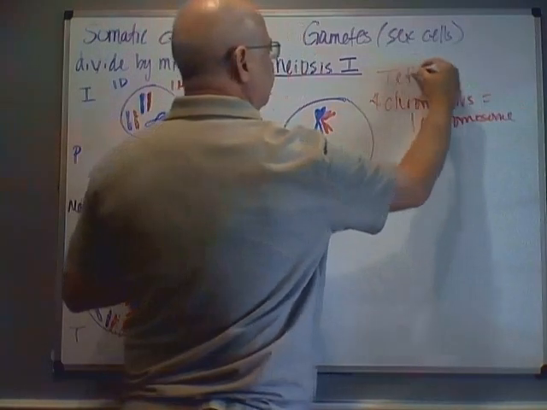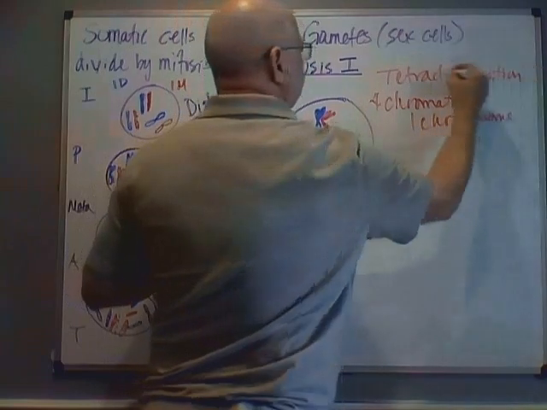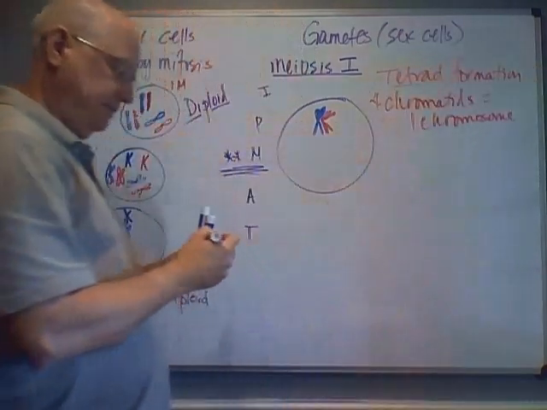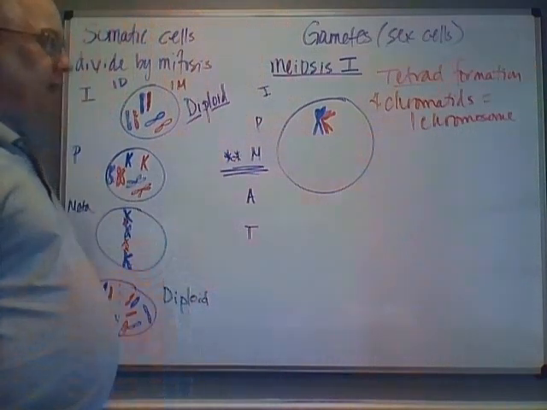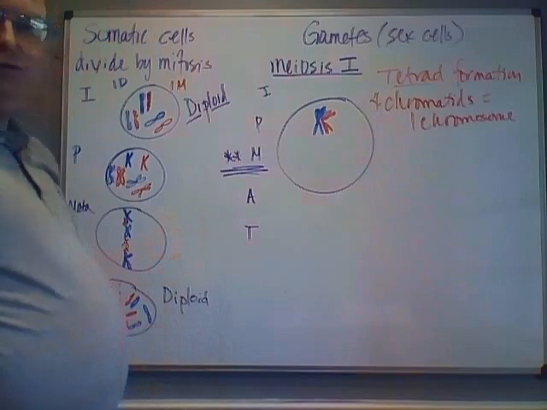They call that tetrad formation, because tetra means 4, right? So in tetrad formation, we have the 4 chromatids on 1 chromosome.